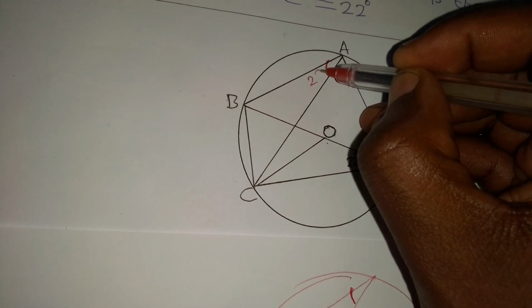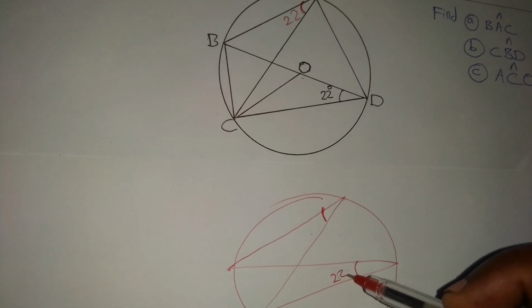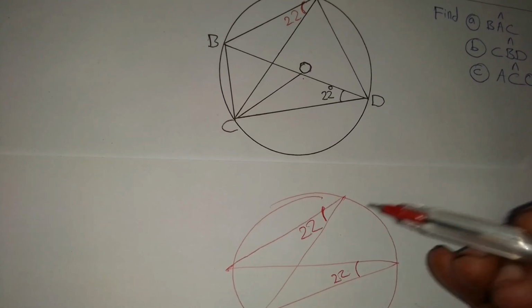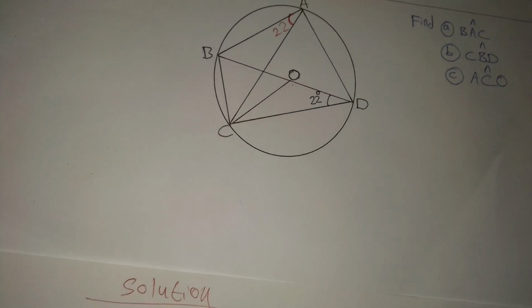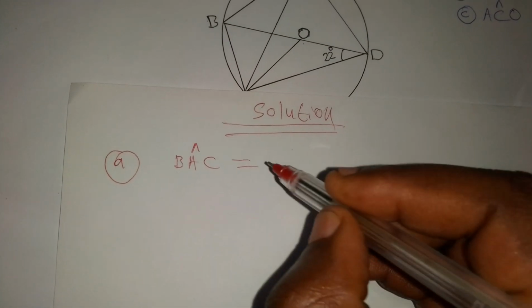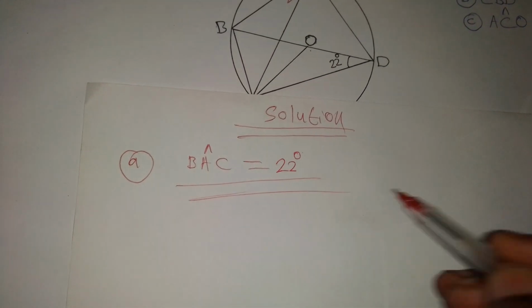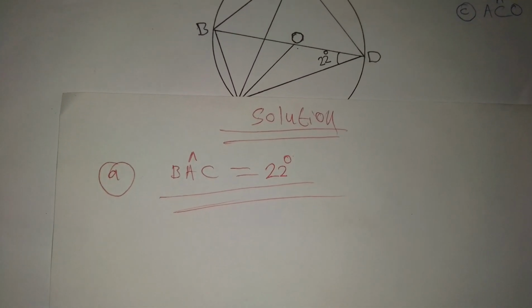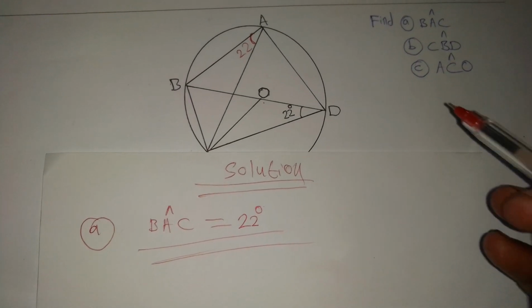It means that also here there is a 22 degrees. So you just put that BAC is equal to 22 degrees. Angles in the same segment are equal. So that is the explanation.